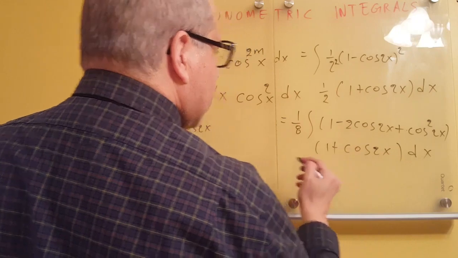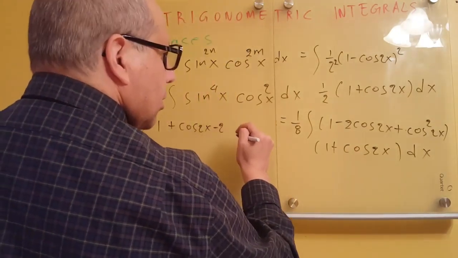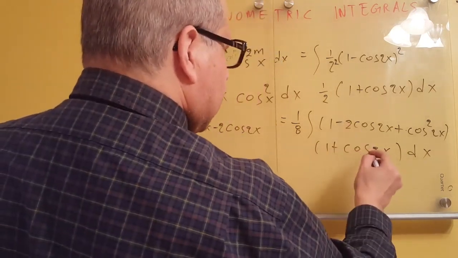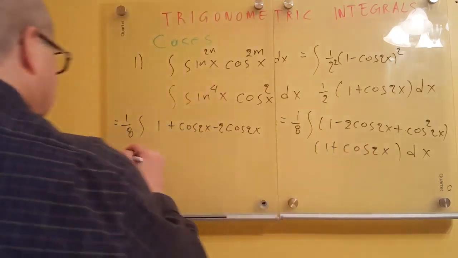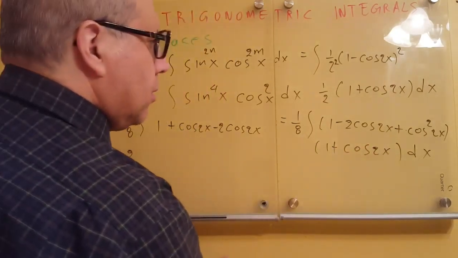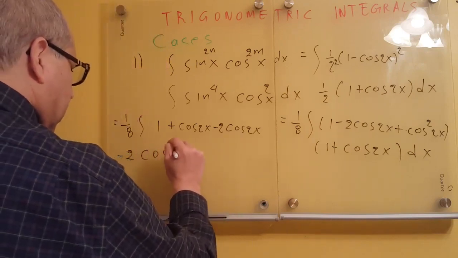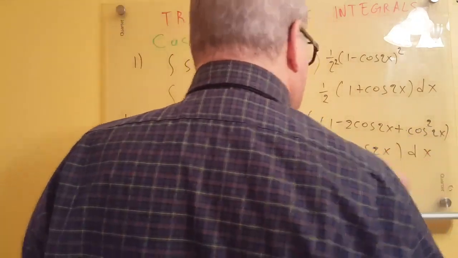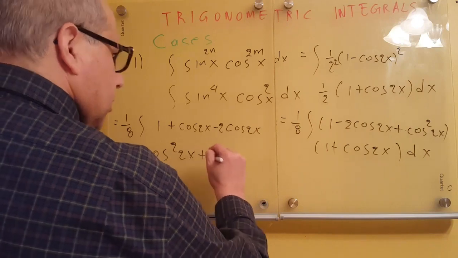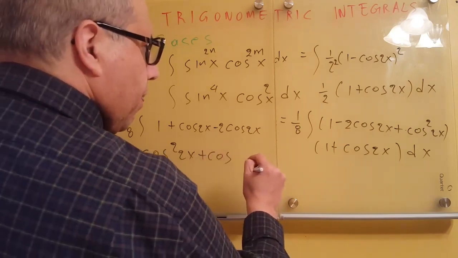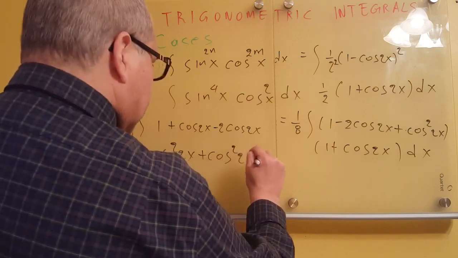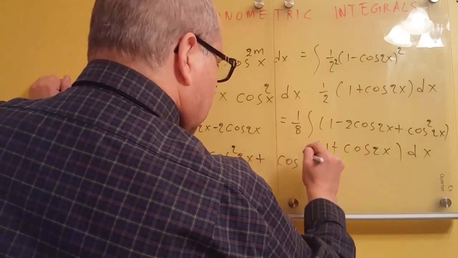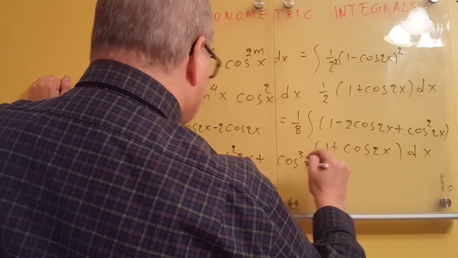Now this times 1 is minus 2 cos 2x, and then this times this is minus 2 cos square 2x, and finally this times this will give you plus cos square 2x, and this times this will give you plus cos to the third 2x dx.